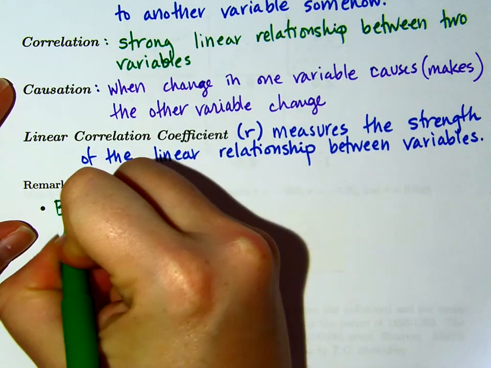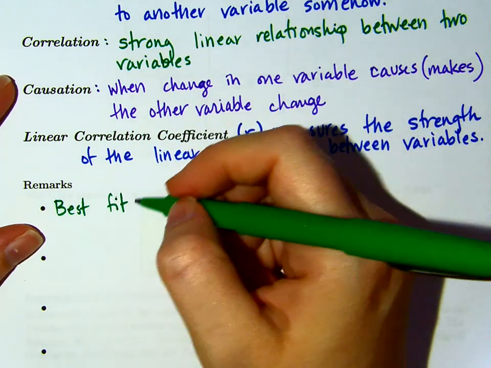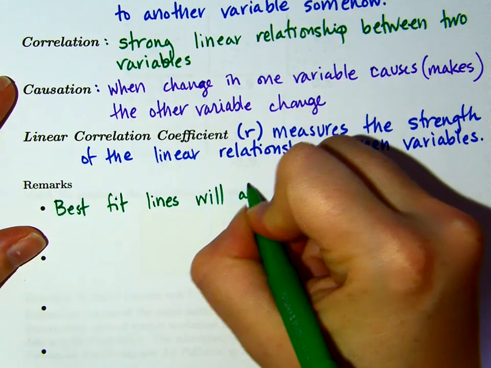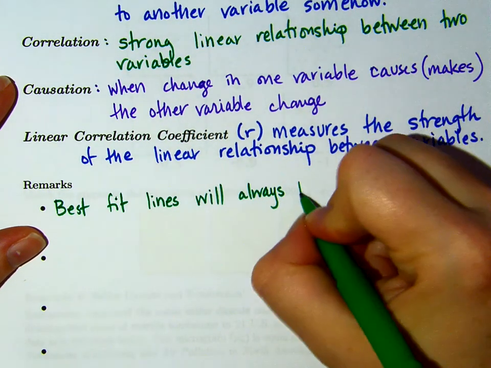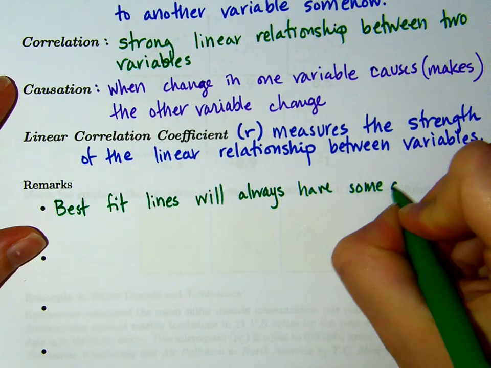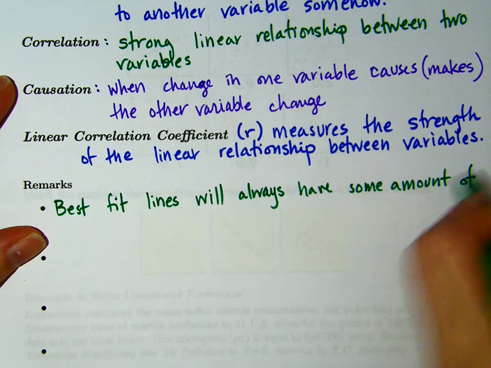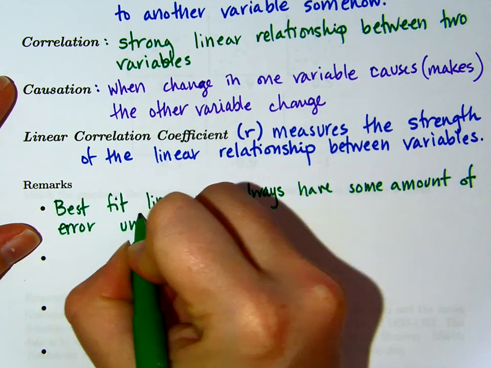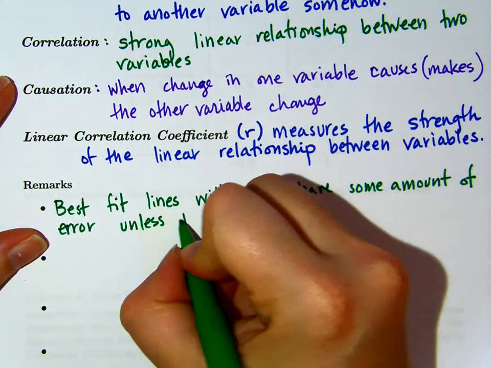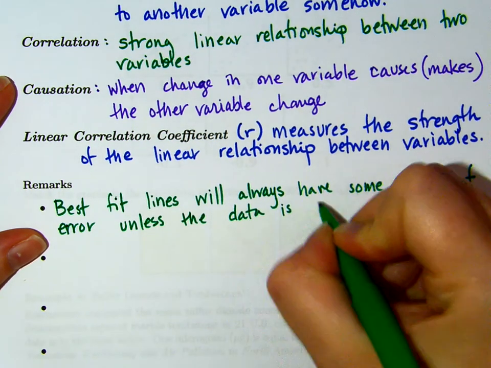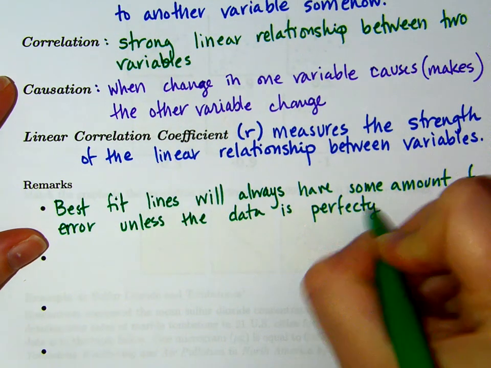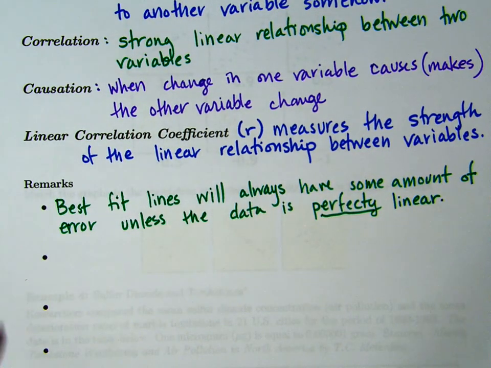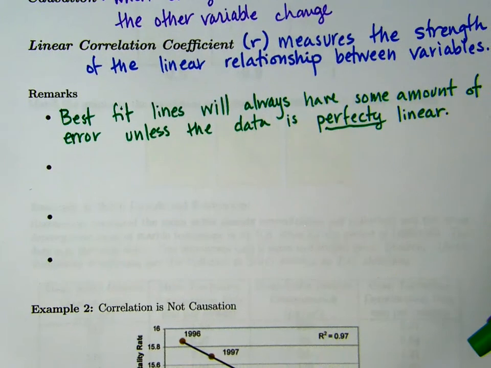So best fit lines will always have some amount of error unless the data is perfectly linear. Okay, and even then I would be like, is their data right? Okay.